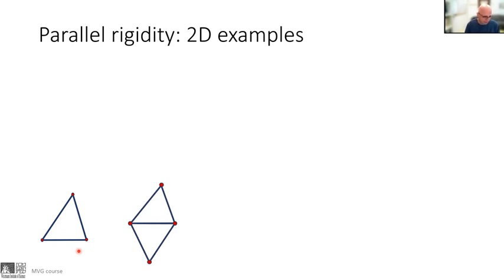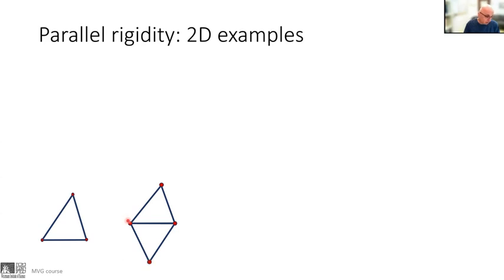Is this parallel rigid? I think that yes. In contrast to the previous case where you knew the distance, because now you have the angles. Okay, so let's see how. The first triangle is determined up to scale.